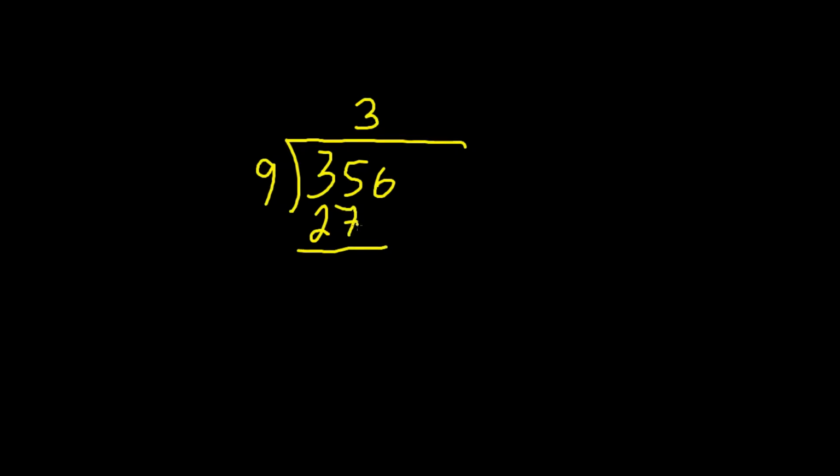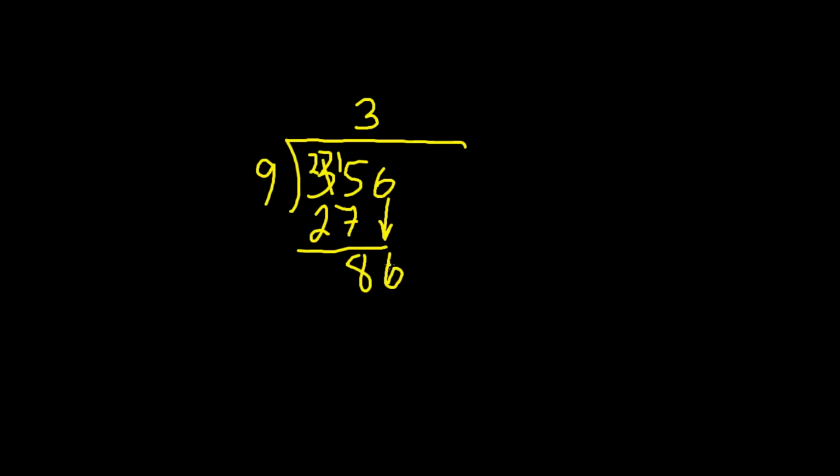So 7 from 5, well, you can't take 7 from 5, so we're going to have to borrow from the 3. The 3 becomes 2. We bring the 1 over to the 5 to make it 15. 7 from 15 is 8. 2 from 2 is 0. So now we drop this number down again. This number drops down, it's 86. So how many times will 9 go into 86?